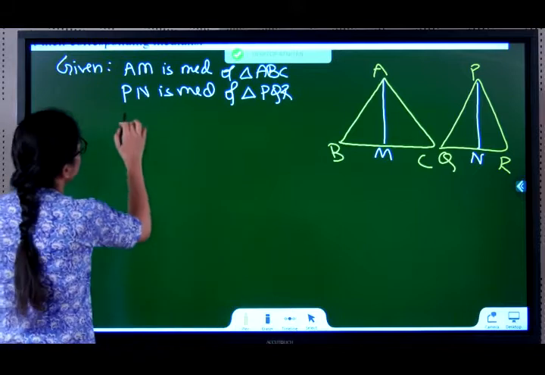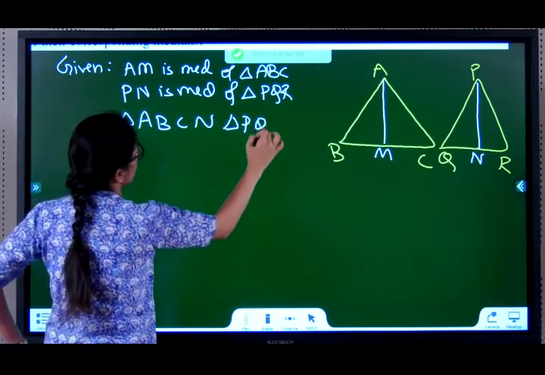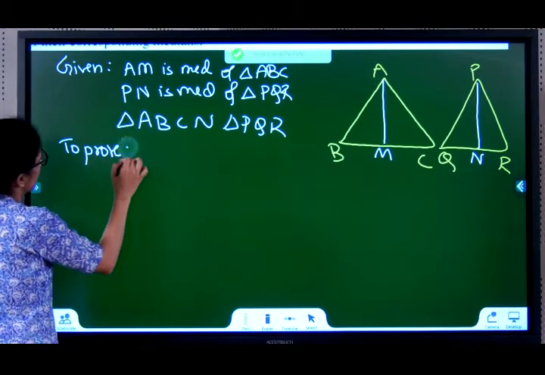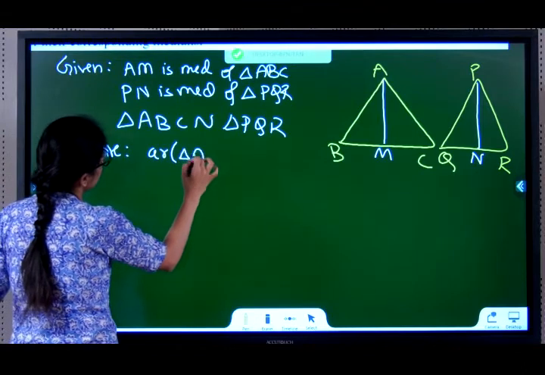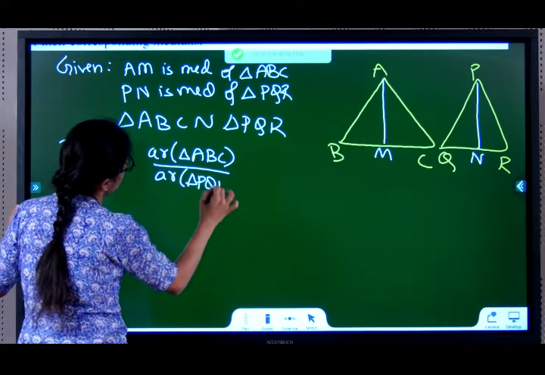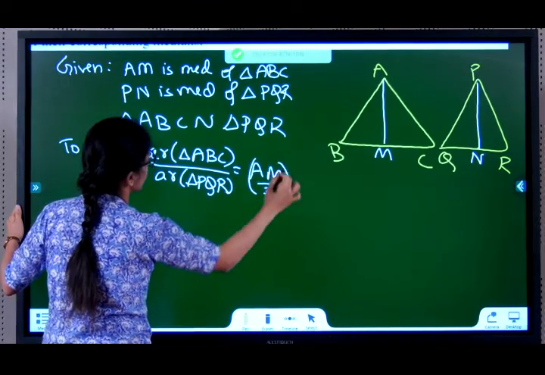And it's also given that triangle ABC is already similar to triangle PQR. You have to prove that area of triangle ABC by area of triangle PQR is equal to AM by PN square.